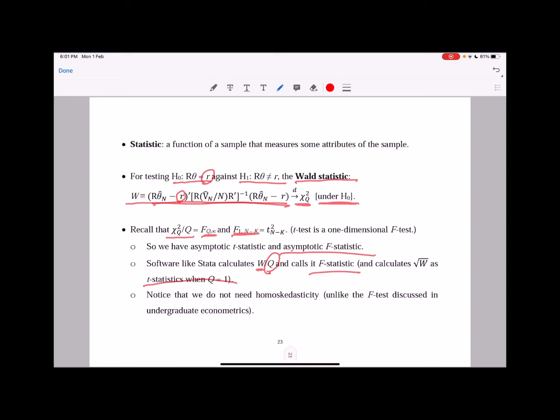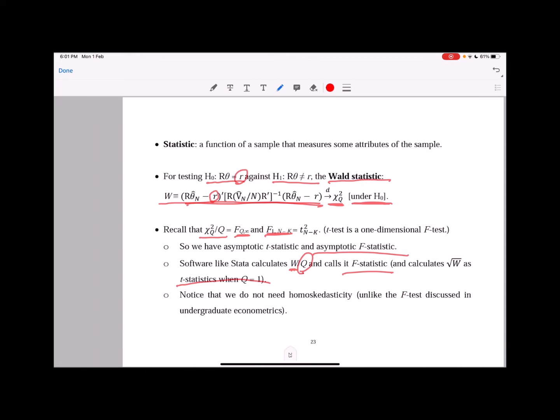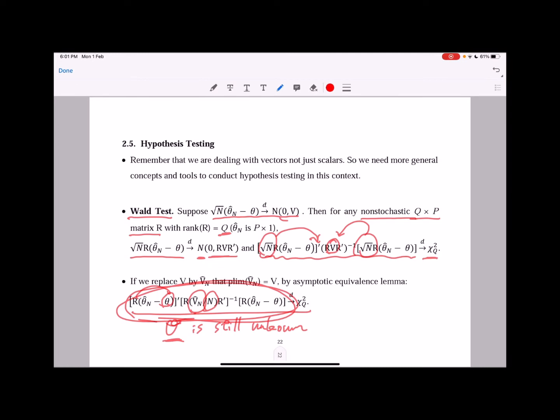In general, we don't need that. Here we are okay to have heteroscedasticity, as long as we have a consistent estimate for the variance. We don't need it to be homoscedastic.